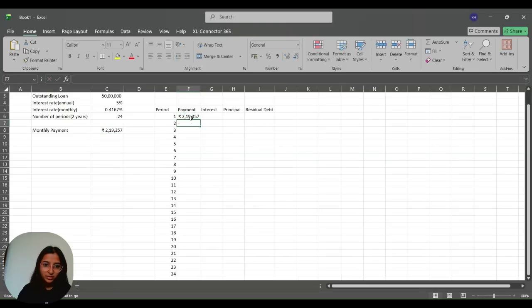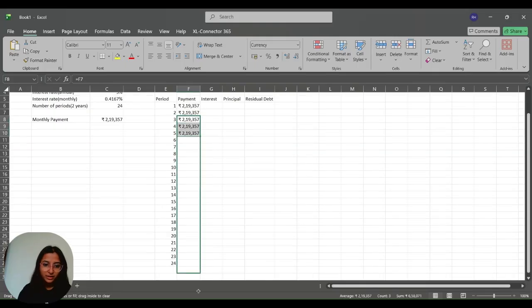Here also we'll add the same thing. For all the 24 months, this payment amount remains the same. So we can drag it till 24.